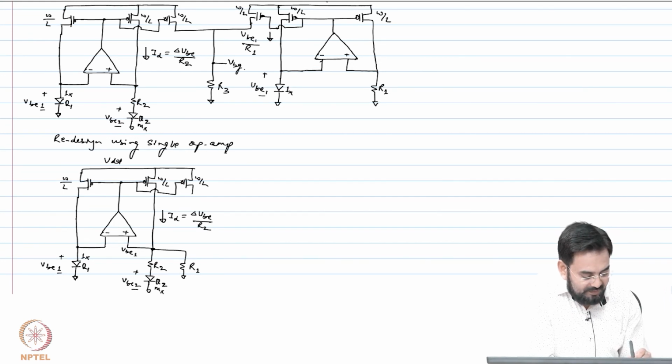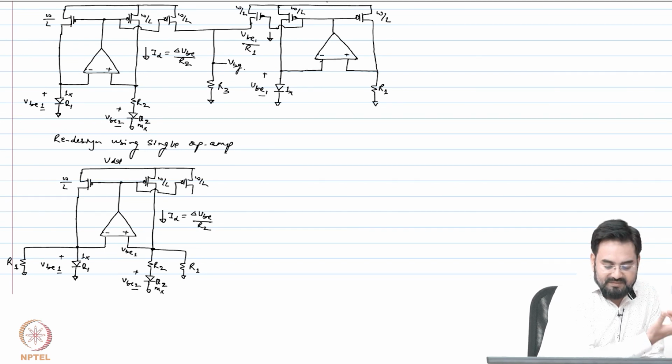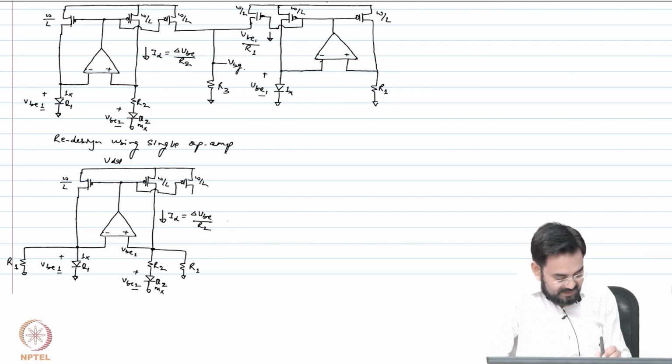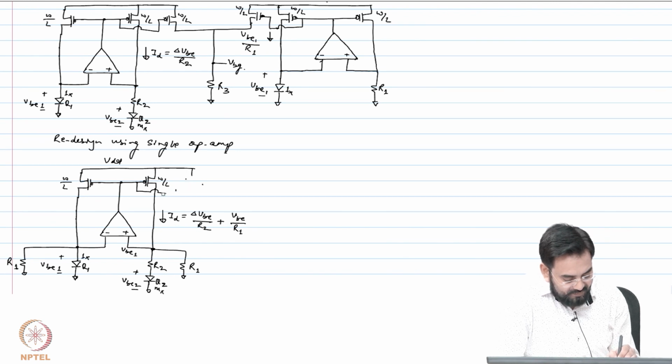So what can I do? I can put the same resistor. Now they will be matched. Okay. So now both the devices will see the same current, and what you will see in the current mirrors is the sum of the two currents. Now all I have to do, so this current is now plus VB by R1, and I will just stretch this. In fact, let us make it a bit cleaner.